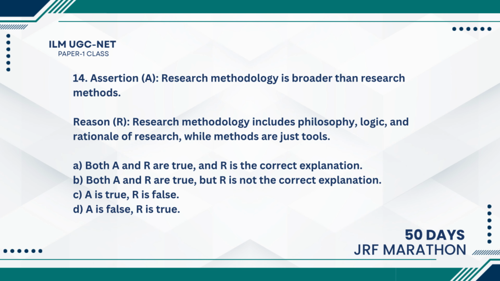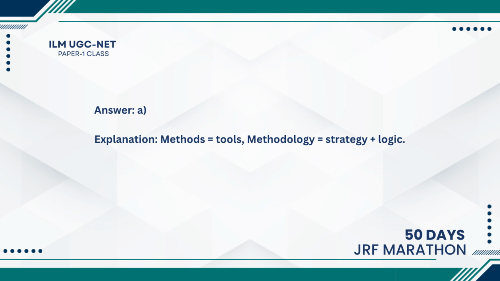Now question number 14 is an assertion reason type of question. Assertion, research methodology is broader than research methods. Reason, research methodology includes philosophy, logic and rationale of research, while methods are just tools. So as mentioned, methods are always tools and methodology is a combination of the strategy and the logic behind the research.